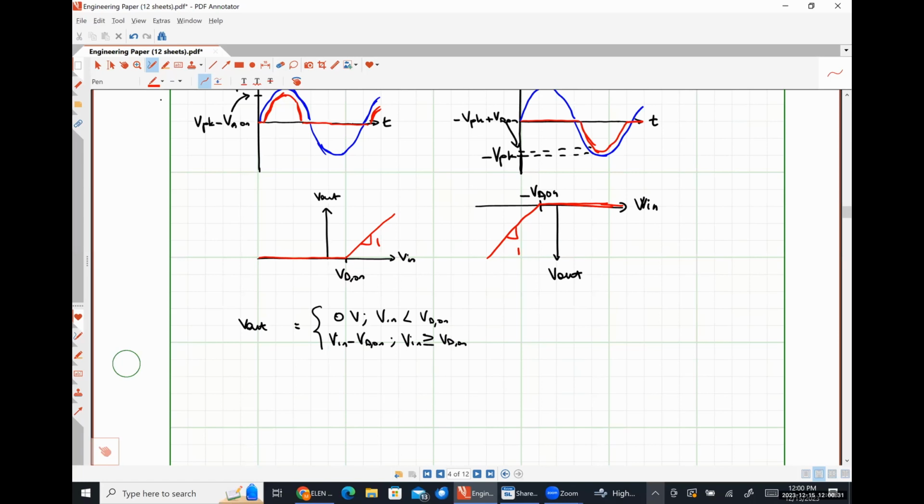And therefore, V out will be equal to 0 volts for V in greater than negative VD on, and it'll be V in plus VD on for V in less than or equal to negative VD on.